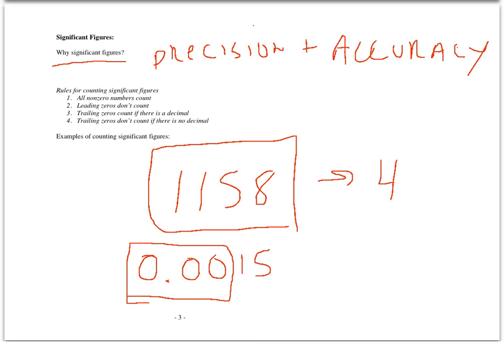In this case, since they are leading zeros, they do not count. And so essentially what I do is I go through all the zeros until I hit the first non-zero digit, and that is a 1 and a 5, so I have 2 significant digits. It has nothing to do with the magnitude of the number or anything like that. It's just 2 is the number of significant digits that I have.